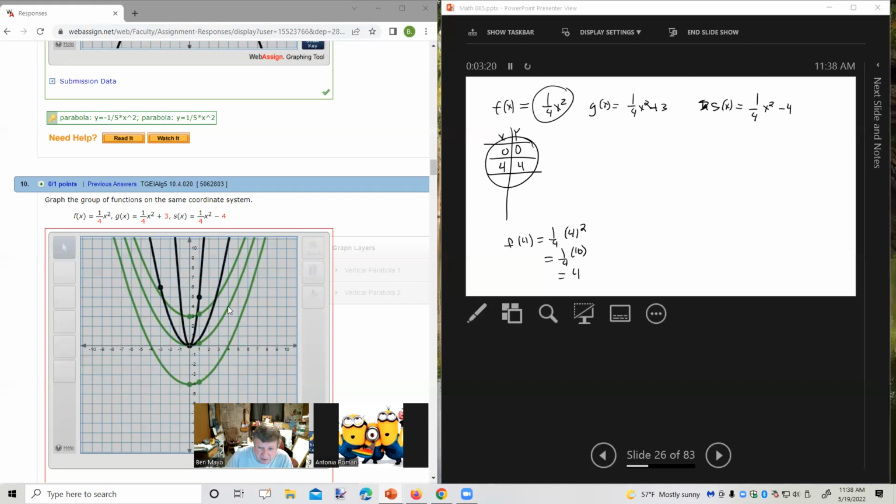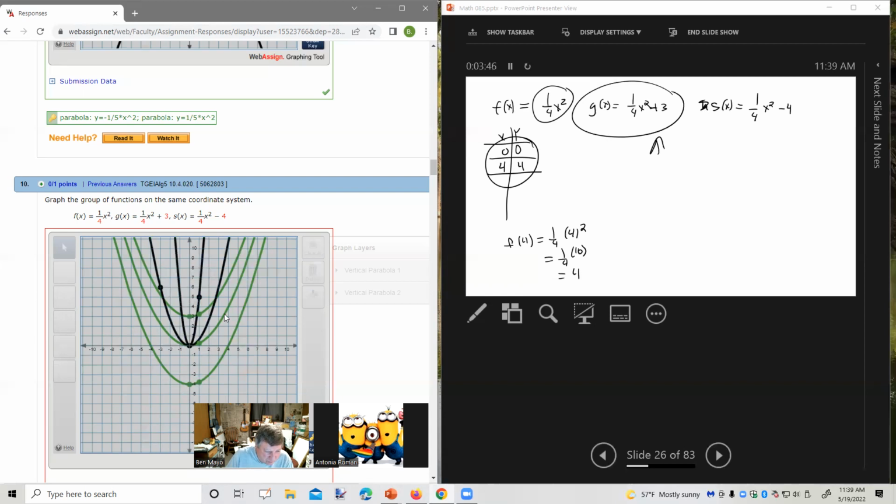Now, this next graph is exactly like the previous graph, only everything's moved up 3 units. So what you could do is come back, click on the parabola button over here and say, instead of 0, 0, it's going to be 0, 3.